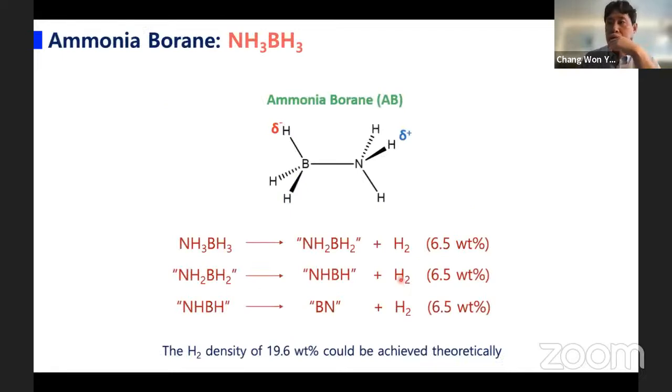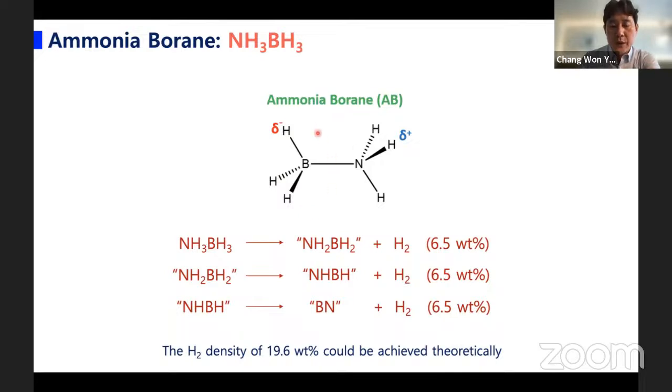Inorganic carrier, I previously used ammonia borane, this kind of thing. The ammonia borane structure is BH3 and NH3 here. If you consider the electrons here, two electrons, a lone pair, is actually donated into this boron to make a stable structure.